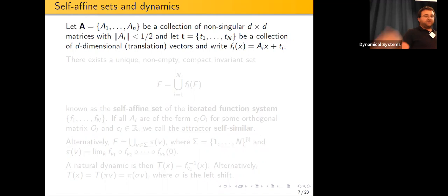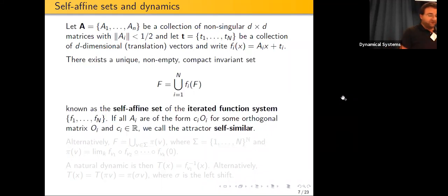And you take some translation vectors and you have a finite number of functions that are of this form. So you take a point, you multiply it by this matrix, and you translate it somewhere in the space. And it's a classical result, Hutchinson, that there exists a unique non-empty compact invariant set out of those.